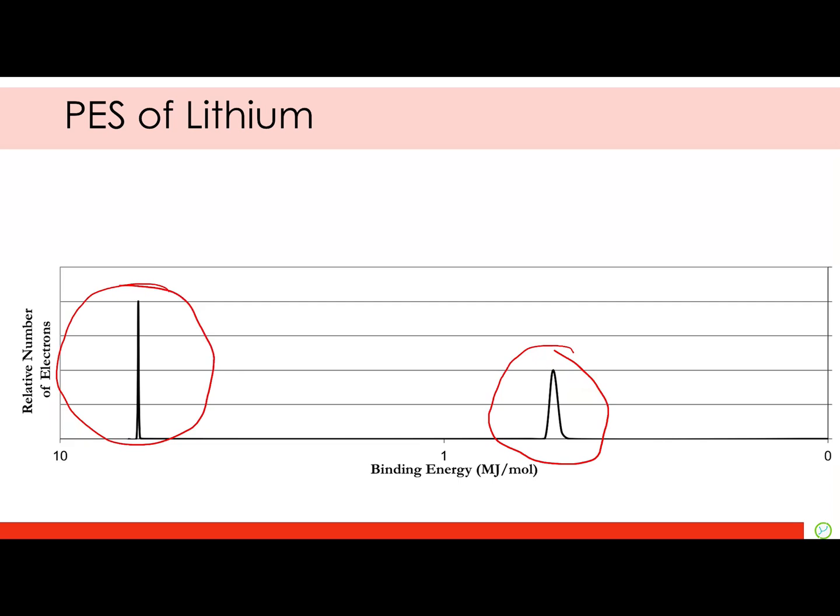The interesting thing about a photoelectron spectra diagram is that the binding energy is actually lower on the right-hand side and higher on the left-hand side.